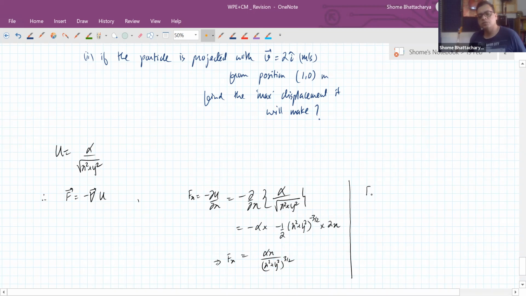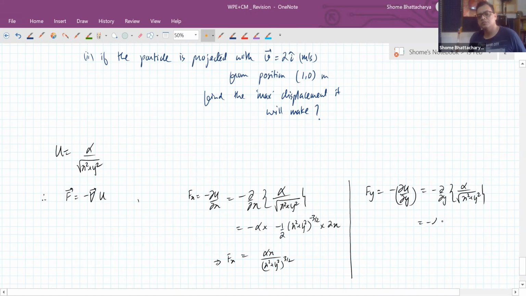the y component of the force will become negative of partial gradient with respect to y.